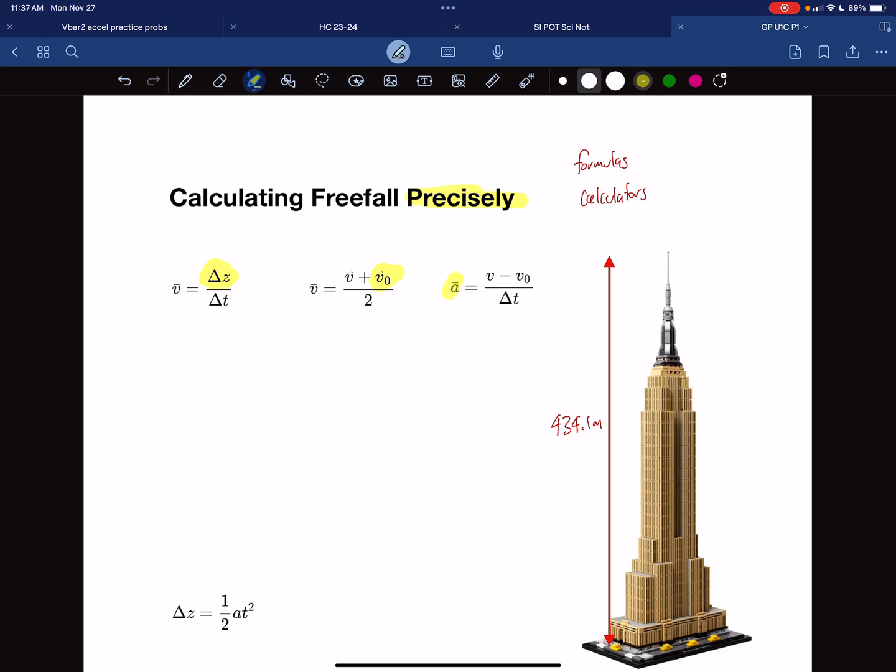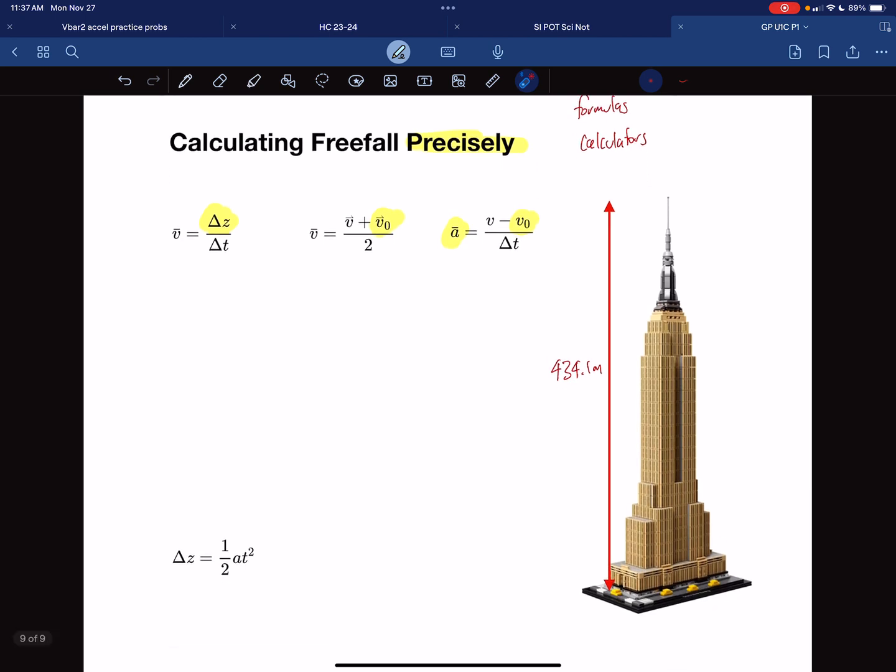We do know the acceleration, but we do not know the impact velocity, nor the change in time. So if we tried using all the formulas we know, there are two things we don't know, so we cannot calculate the answers to these questions just using these formulas.